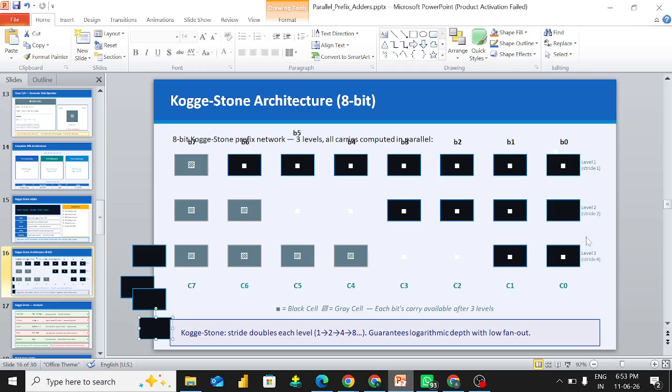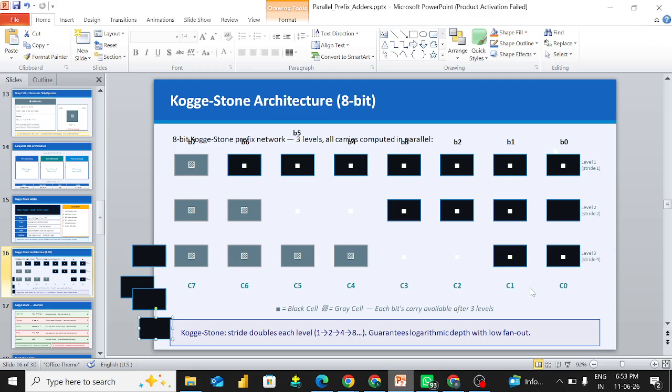Now you have a group of the 4th bit and 5th bit. Now you are not going to use a black cell, you need a gray cell, right? With a gray cell, here I am going to generate only the generate. I don't want propagate here. Why should I need propagate? Because I don't want to propagate that to another bit, right?